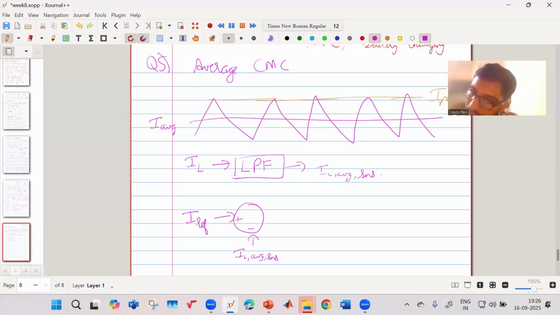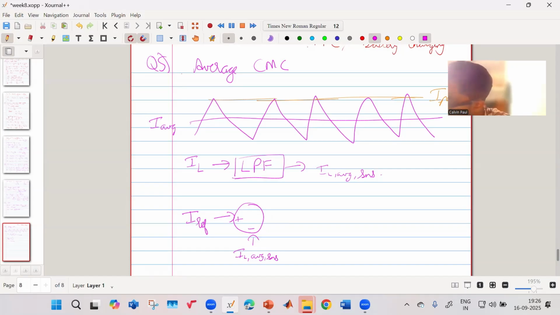So you have a current sense amplifier which is sensing your inductor current and giving your IL average sense. That means the bandwidth of your current sensor would be low. Now if the bandwidth of your current sensor is low, then you will get the average value. So your current sensor could be cheaper. Okay. So this is one point.